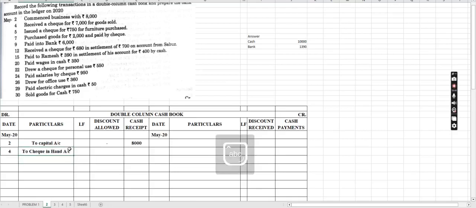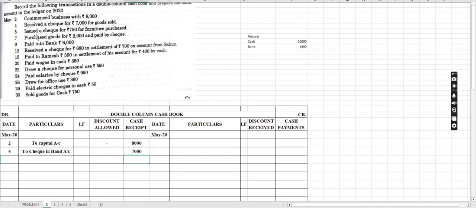It needs to be considered as check in hand account, rupees 7,000, because they have not specified that the check is received and deposited immediately in the bank. Then there is no need of recording that in the cash book. But the check is received here for selling the goods, so we are recording that. Next, someday we will have deposited the check in future.